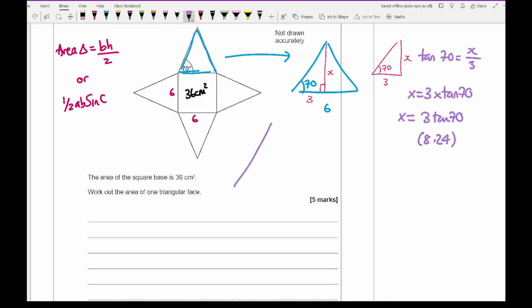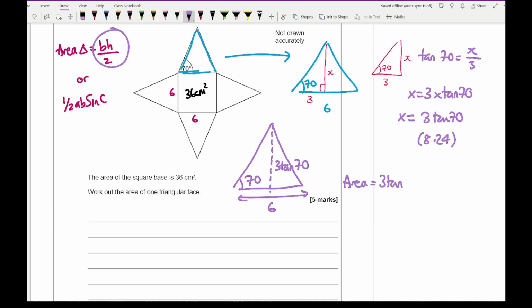So then going back to this triangle, we've got this angle here of 70. I know that this here is 3 tan 70 and this length here is 6. So then using base times height divided by 2, the area is going to be 3 tan 70 multiplied by the base, which is 6, all divided by 2.